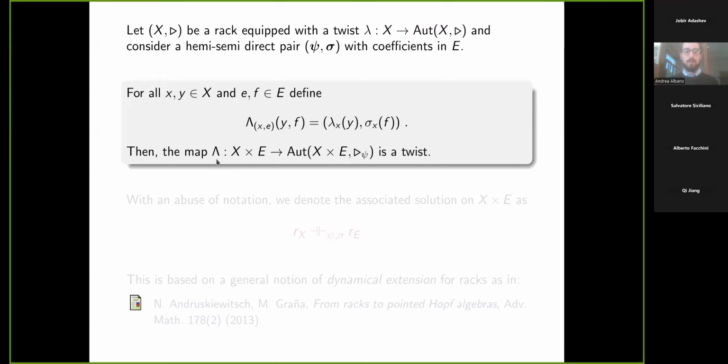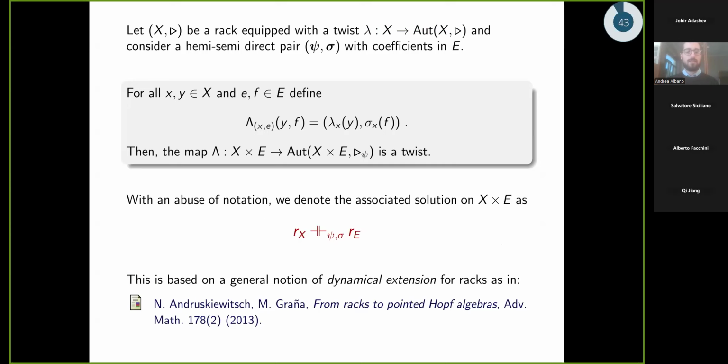Now, of course, this is a theorem. The fact that the map lambda is a twist of this rack is a theorem, and it produces a solution.